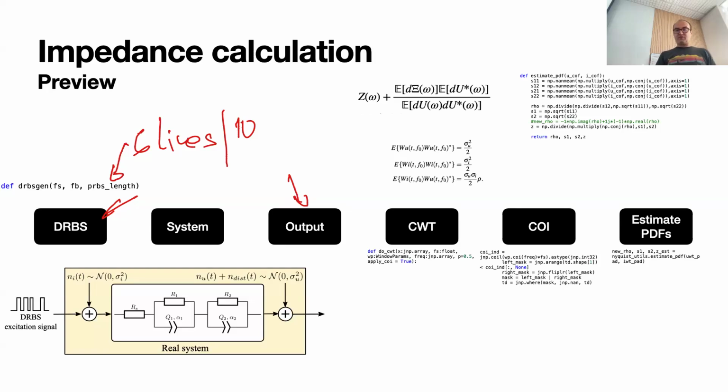Here below, in this yellow rectangle, is a schematic representation of our system. Let's discuss it. This part inside we call a theoretical system. It is as if we have some sort of electrochemical system.